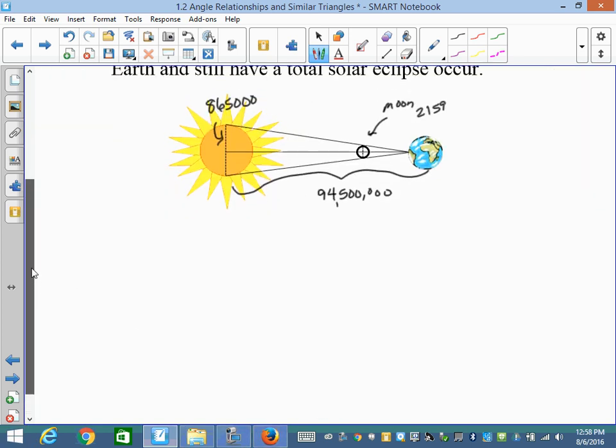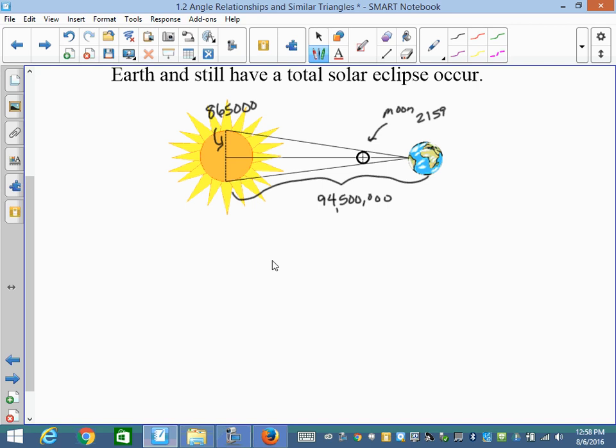Just like the last problem, we have the sun and the moon, and we have a diameter, and we have distance. So the sun, the diameter is 865,000.